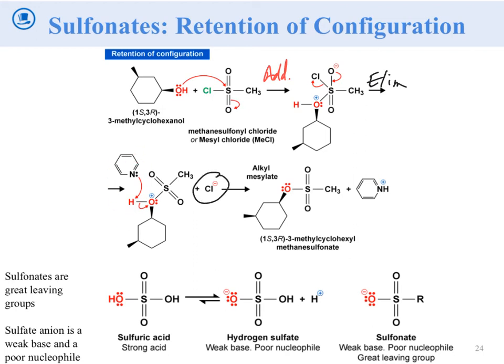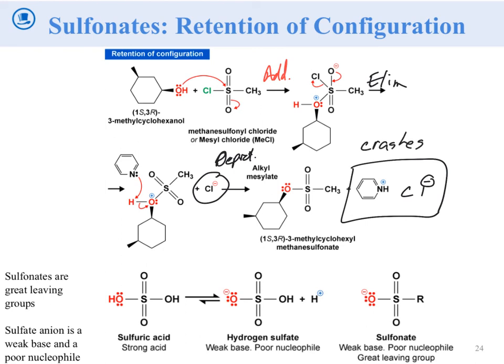Pyridine comes back in here again and does that deprotonation. And the difference here is this crashes out. This becomes a solid. In this reaction, when the pyridine deprotonates and you have that Cl minus around, this actually comes out of solution.